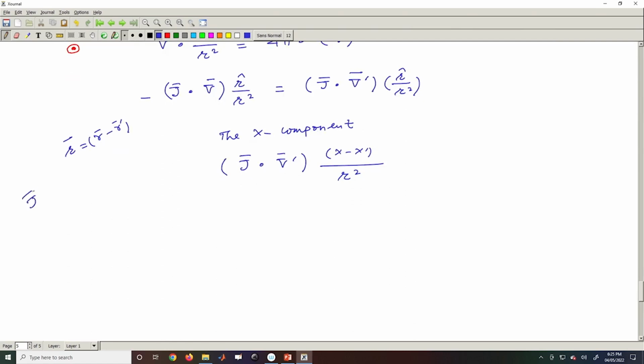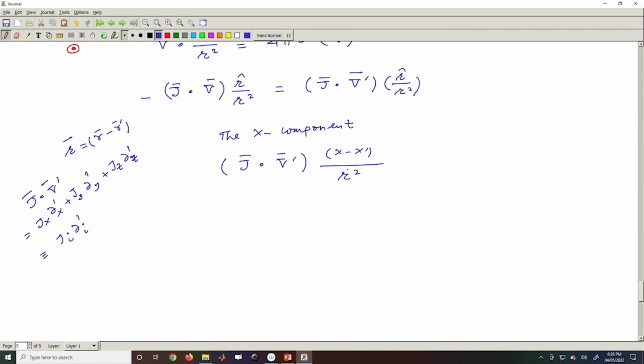J dot this operator will be simply j x del prime x plus j y del prime y and j z del prime z, or in short notation it is j i del i prime.